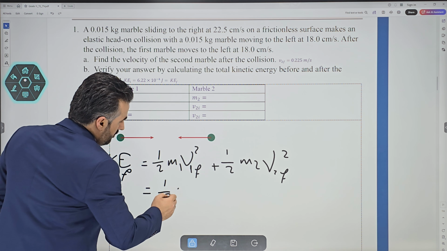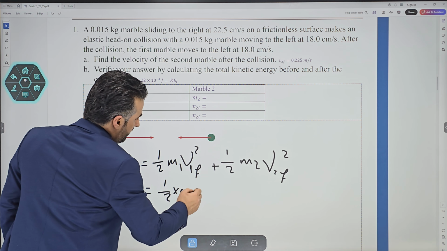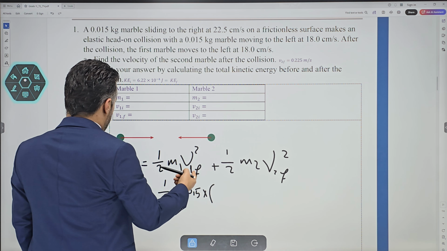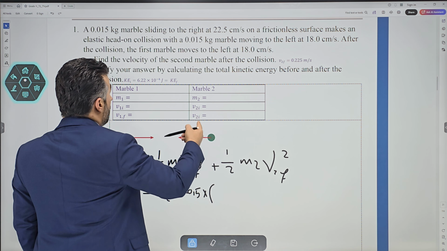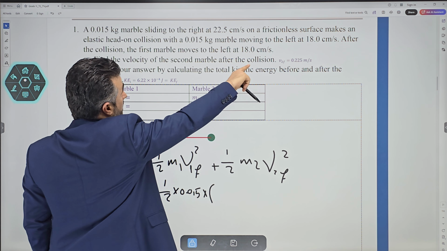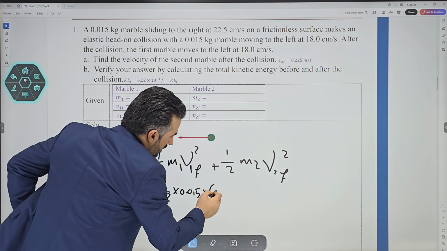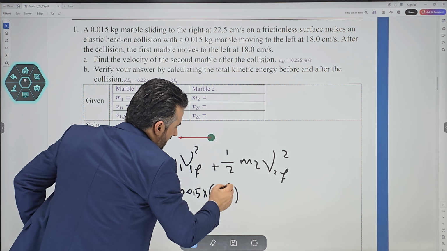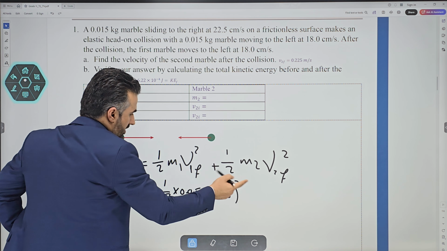One half mass, which is 0.015, times the velocity, which is negative 0.18. This is negative, you square that, because of the square it doesn't matter.